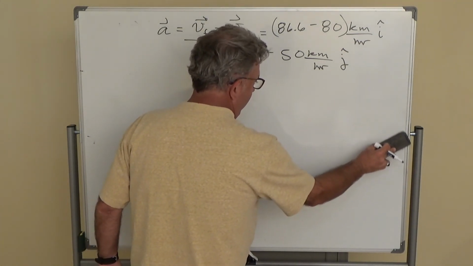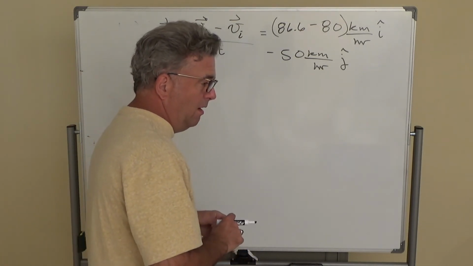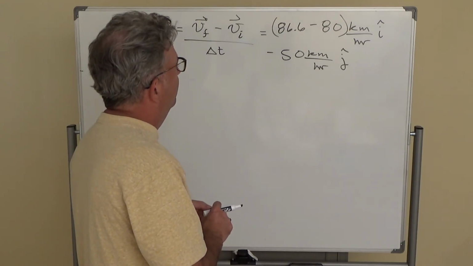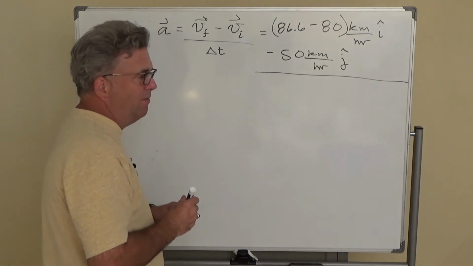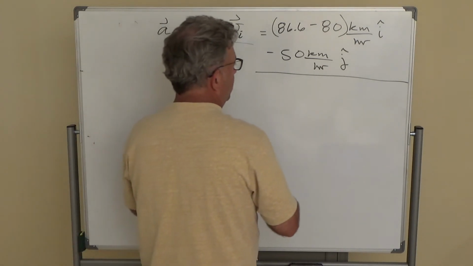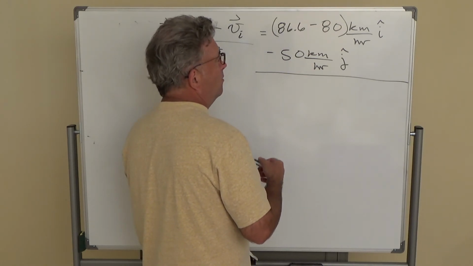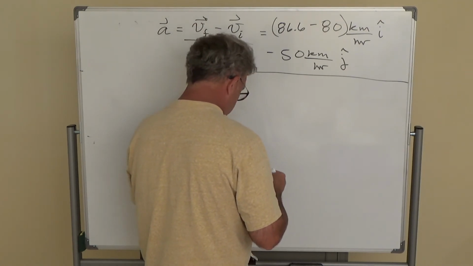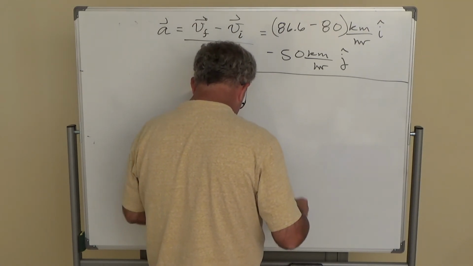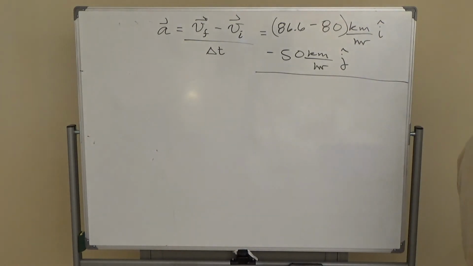Delta T was 5 minutes. I should have made it 6 minutes. That would have been easier. So let's put it in hours. So 5 minutes out of an hour, it's 5 over 60. That's 1/12 of an hour. It's like 0.083.